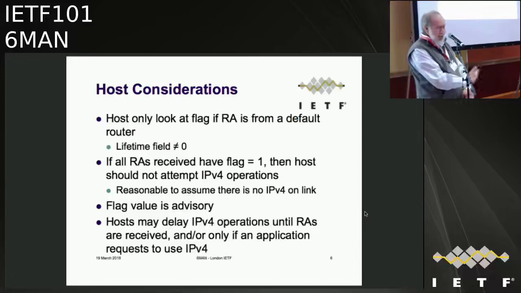And conversely, if you receive any RA with 0, you continue with v4. And this avoids a lot of problems. It's hard to use it maliciously because the other routers will still be advertising with 0 if there was v4. It's advisory. The host really gets to decide what they want to do.